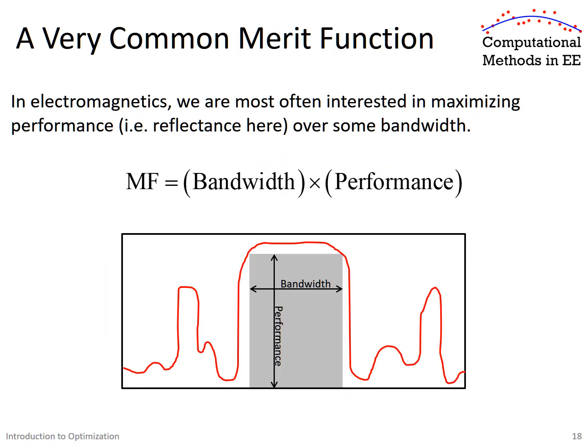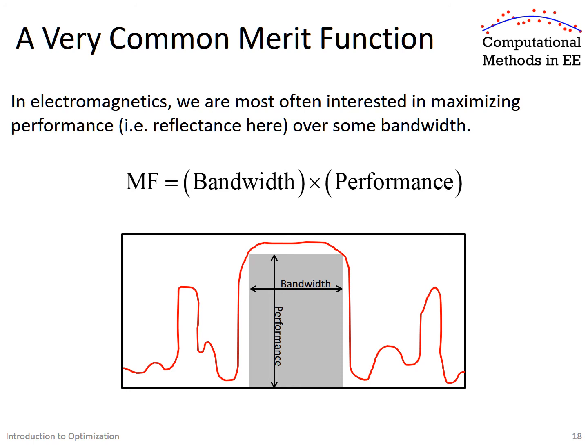So our merit function in this case will be bandwidth. We probably want this to be broadband. If we didn't, then we might divide by bandwidth to punish it for being more broadband. And sometimes we actually want narrowband things. For example, if you're designing a filter to lock a laser, usually lasers want to be very, very narrow line width. If we're making a broadband reflector, in this case, we're going to say we want it to be very wide.